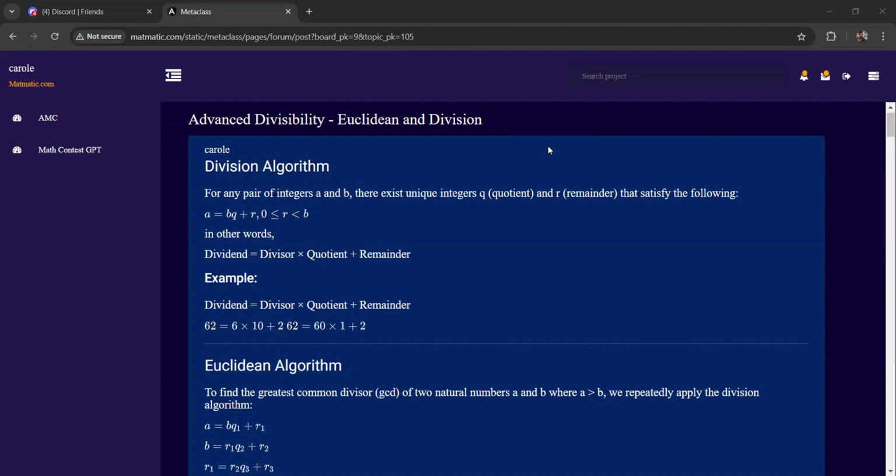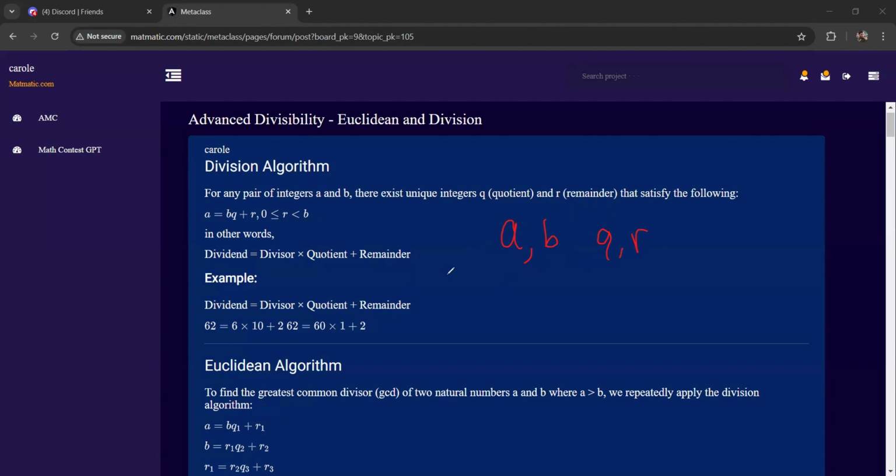Okay, so the division algorithm is essentially for any pair of integers, like A and B, there are two unique integers called Q and R, which are the quotient and the remainder.